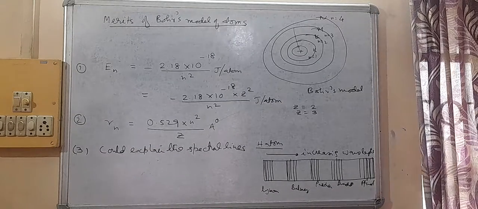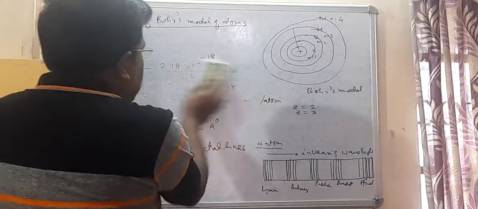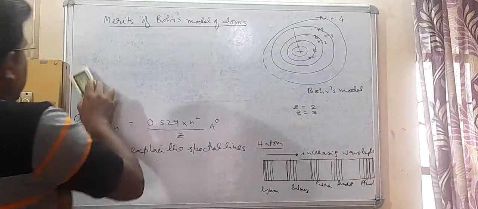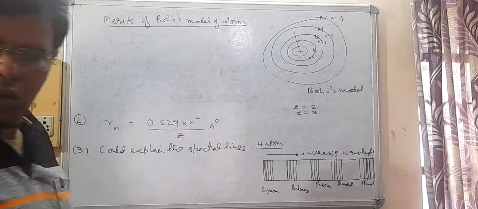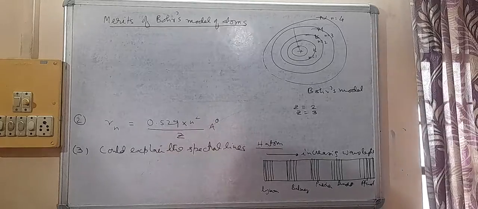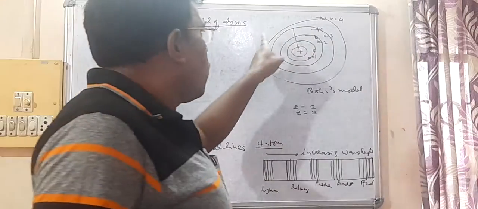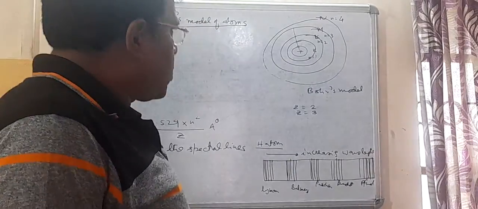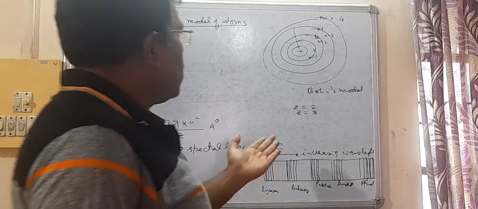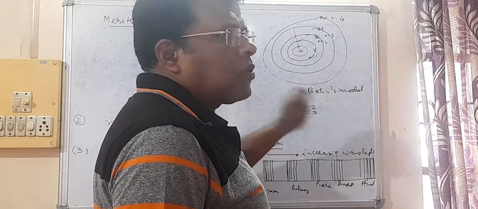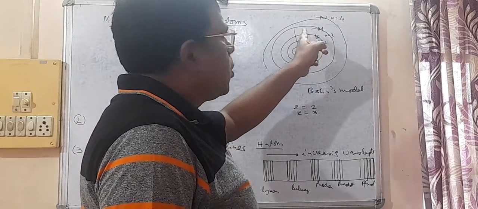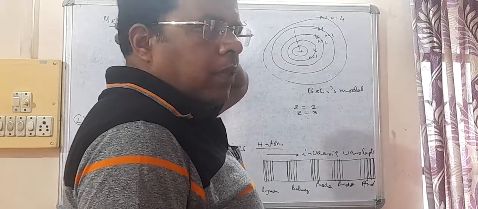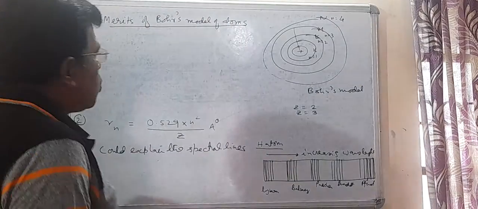Okay, now children, you know that Bohr in his theory has said that electron, when it is revolving in its orbit, neither loses energy nor gains energy. But what can happen is that if we supply energy to an atom from outside, then electron gets excited and it can go to higher energy level.